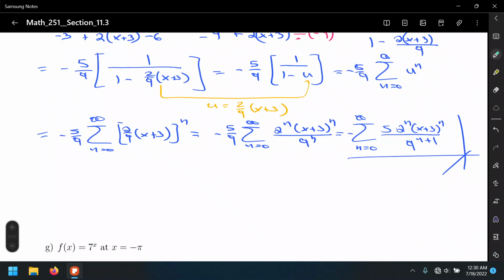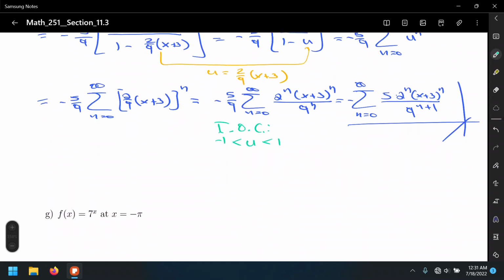Be careful with the u, because our u will contain also those coefficients. So interval of convergence, that's u greater than negative 1 and less than 1. And in this case, that's 2 over 9 times x plus 3, less than 1, greater than negative 1.